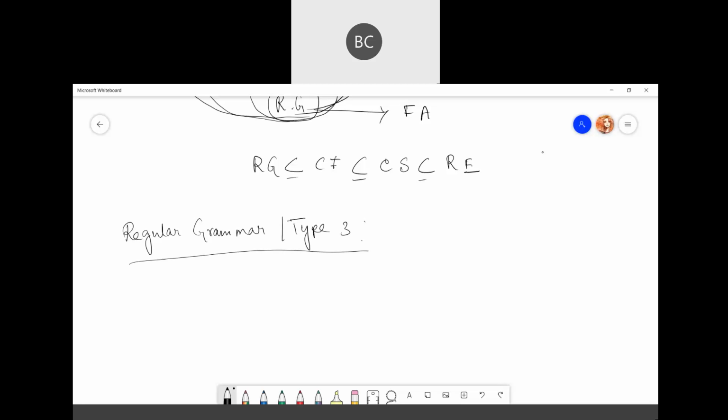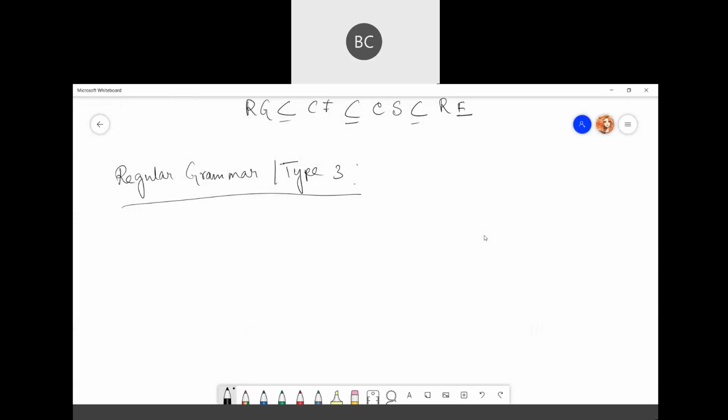So how will you know whether a grammar is type 3 or not? You already know any grammar can be represented in terms of 4 tuples, that is N, T, P and S. Correct? Non-terminal, terminal, production rule and starting symbol.